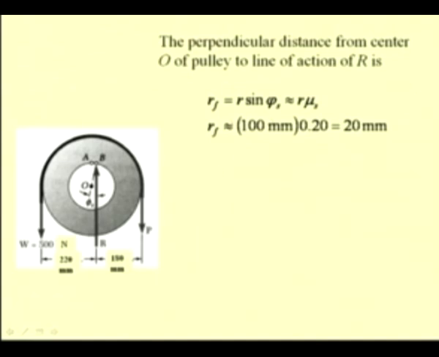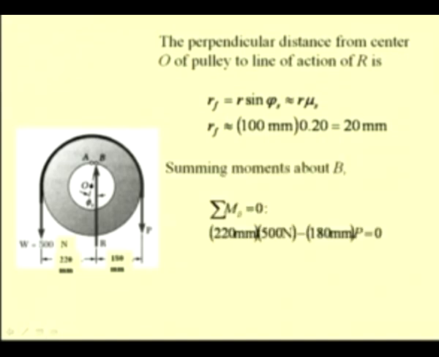For this particular case we find this as 20 mm. So, the reaction R is shifted by 20 mm to the right from O. So, we have these distances as 200 minus 20, which is 180 mm, and the distance between the vertical force W and R is 200 plus the radius of friction, which is 220 mm.